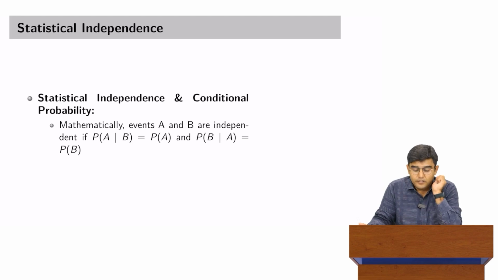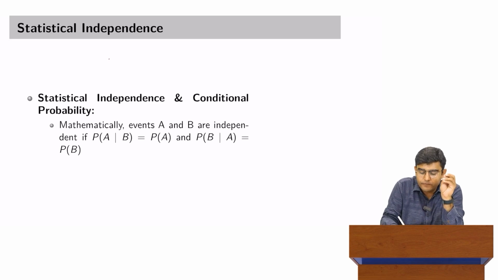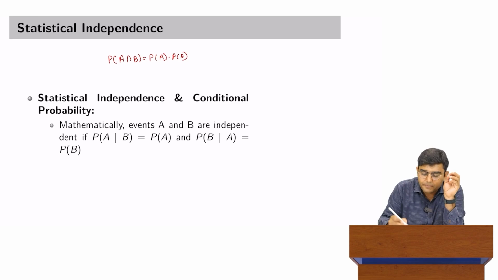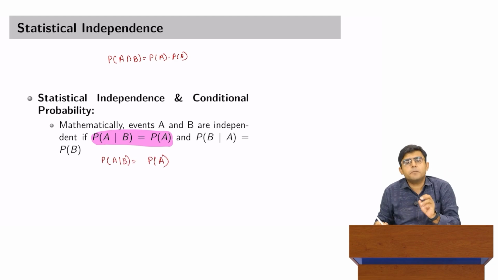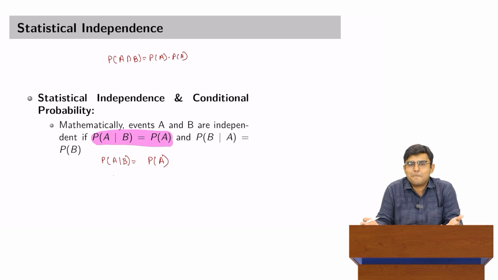Now, when we talk about statistical independence, we already learned that probability of A and B is simply probability of A times probability of B. With this concept of conditional probabilities introduced, we can dive further into statistical independence and say that probability of A given B simply becomes probability of A, because A is not conditional on B, as these two events are independent.